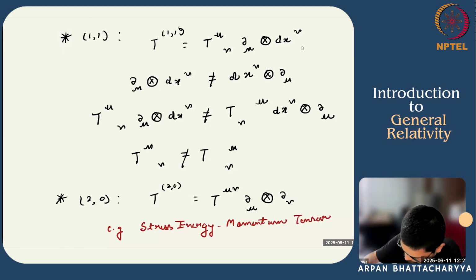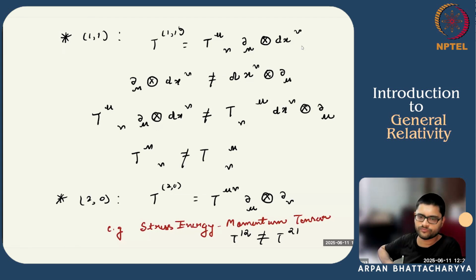So in general, we'll see for this case also, T12 is not equal to T21, for example. Okay. Because again, you see, this mu is associated with the first one, this nu is associated with the second one, and this ordering matters. So let's take mu and nu, each of them takes values 0 to 3, and typically T12 is not equal to T21 in general. So we will discuss more about the stress energy momentum tensor. It will play a huge role in the context of our discussion.